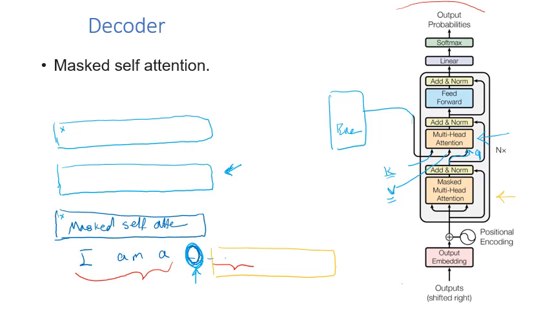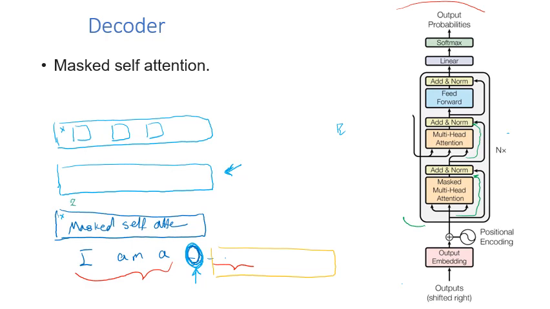And then feed forward is the same as what we had in the encoder. Each position has a separate feed forward, and they're identical. Also similar to the encoder, here we have this residual, exactly the same as the residual that we had before in the encoder.